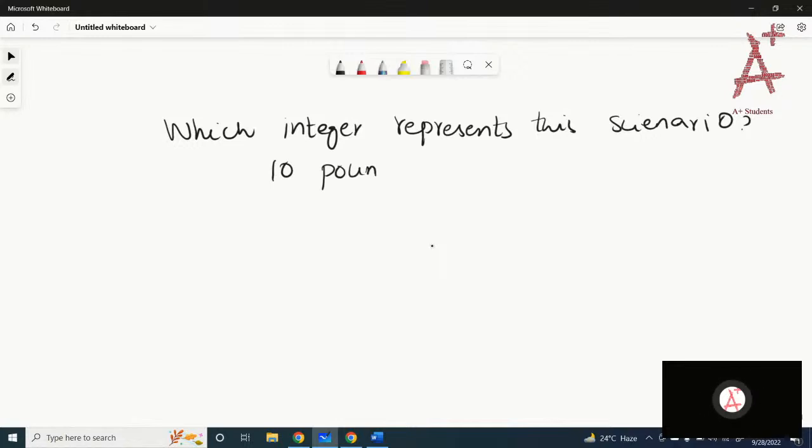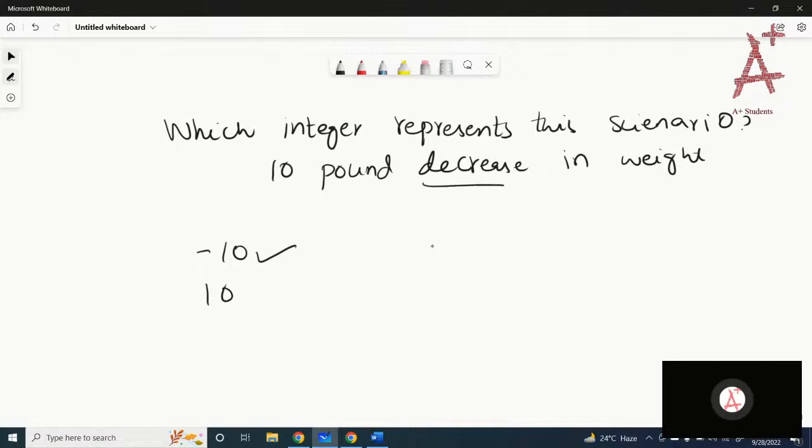And the options given are 10 and negative 10. So which option is the correct one? Yes, very good. It is negative 10.